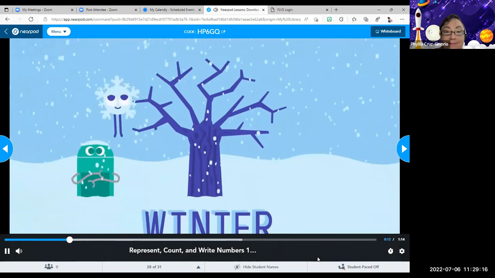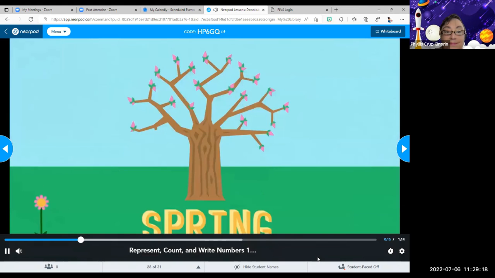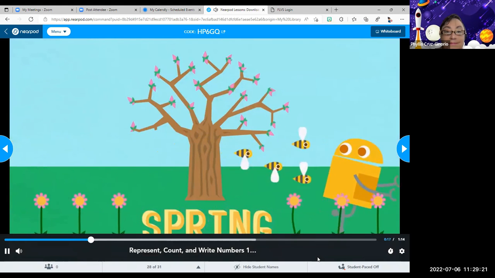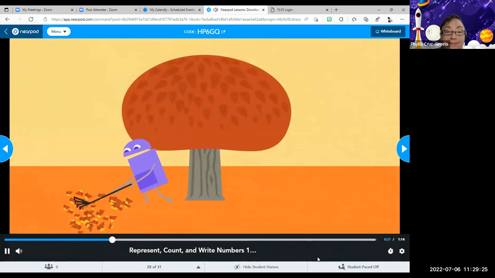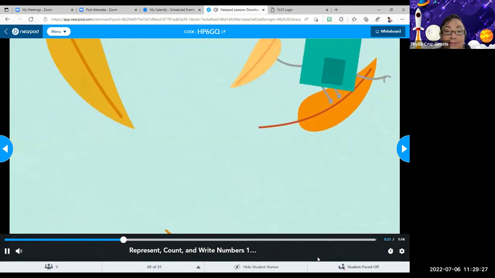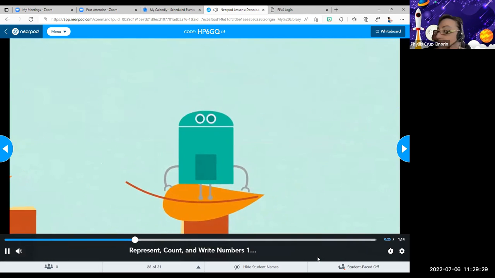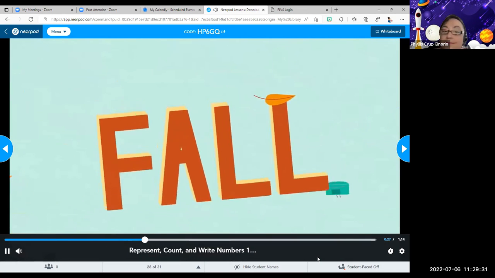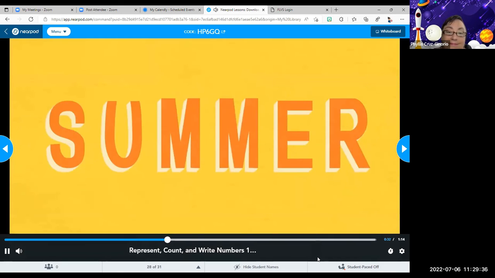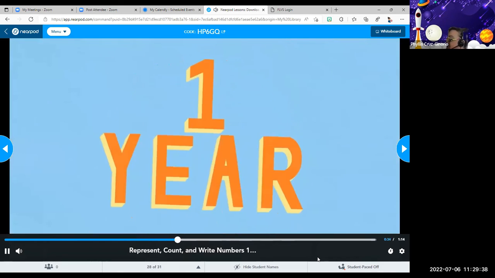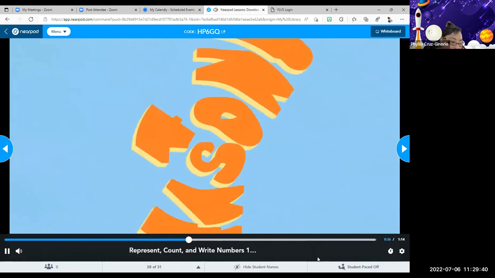Cold weather's kind of winter's thing. In spring, the plants get back their bling. By summer, they're in full swing. But in fall, their leaves go tumbling. Down, down, down to the bottom. Oh, that reminds me, some folks call fall autumn. Well, anyway, winter, spring, summer, fall. 1 year, 4 seasons in all.